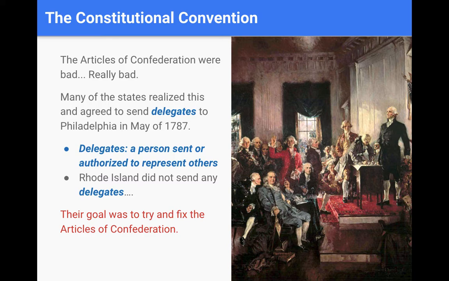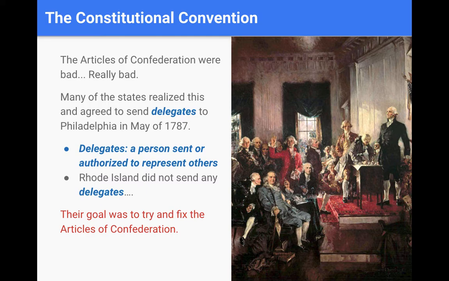Again, a delegate is a person who's authorized to represent other people. The only problem is Rhode Island doesn't send anybody. Rhode Island wanted to keep things as they were. Well, if you remember our notes from last time, you needed all 13 states to agree to amend the Articles of Confederation. But if you only have 12 of 13 states there, can you really do anything? That becomes a very prominent problem right away.